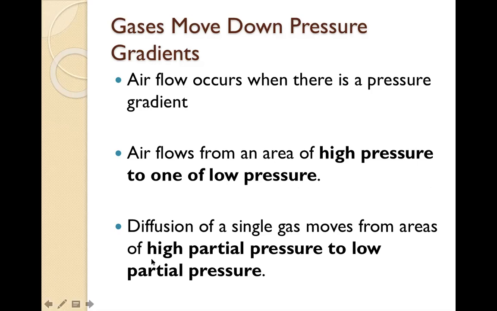And so when we're talking about the diffusion of a single gas, we're talking about the partial pressure of that single gas across two areas. And when we talk about the movement of oxygen across the alveolar membrane into the capillary, we're going to see how the partial pressures are important in determining the direction of diffusion.